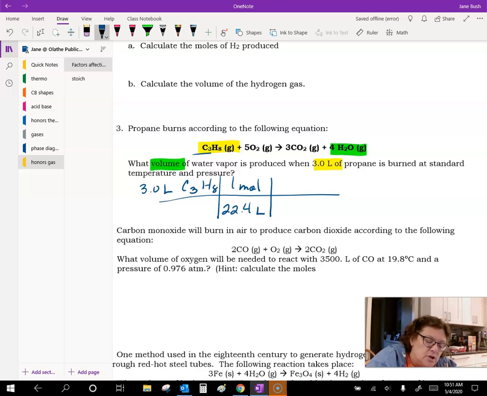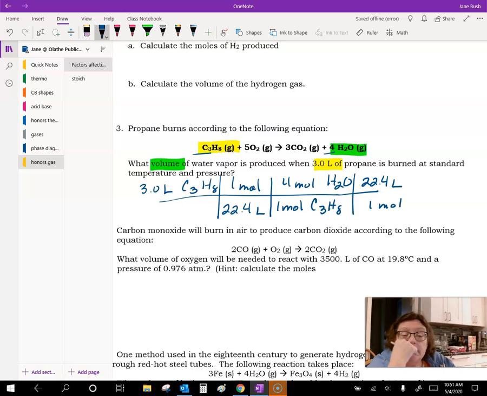Then we look at the ratio of propane to water: 1 mole of propane to 4 moles of water vapor. And it's asking for volume, so we change back by multiplying this time by 22.4 liters in 1 mole.